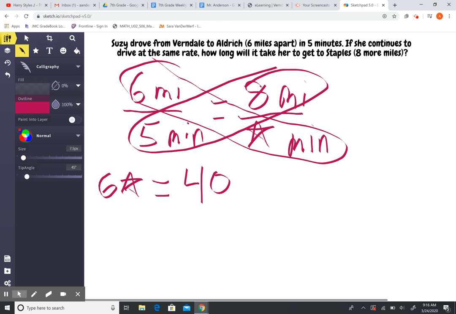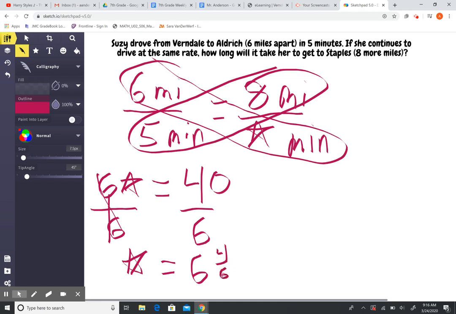And then to solve for the star, I have to divide by how many I have, which is 6, divide by 6, and then my 6's go away, and you're left with star equal to 40 divided by 6, which is 6 and 4/6, which I can reduce to 6 and 2/3. So it'd be 6 and 2/3 minutes, which would be my answer.